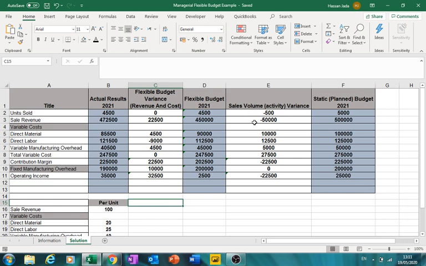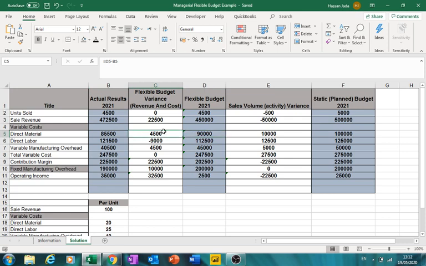Here we have the minus and the plus variances. The minus variance here is unfavorable. Why? Because here we have more direct labor cost than the flexible budget. Then we have what we call an unfavorable variance, and we have less direct material cost actually incurred than the flexible budget.